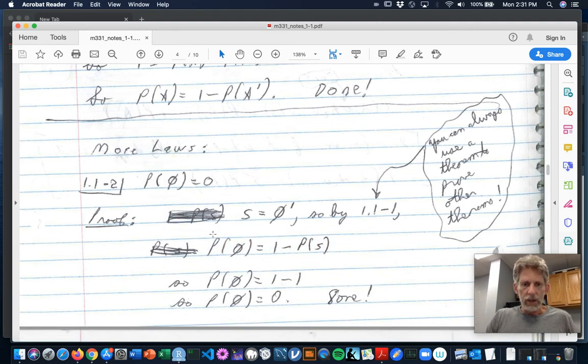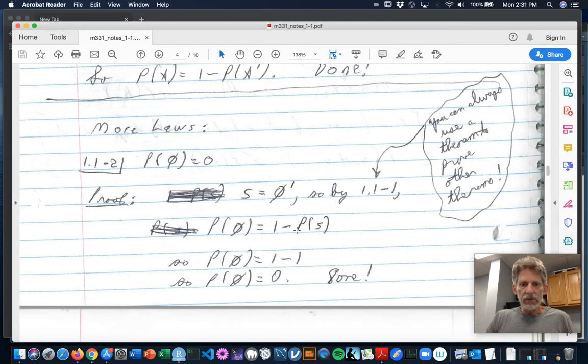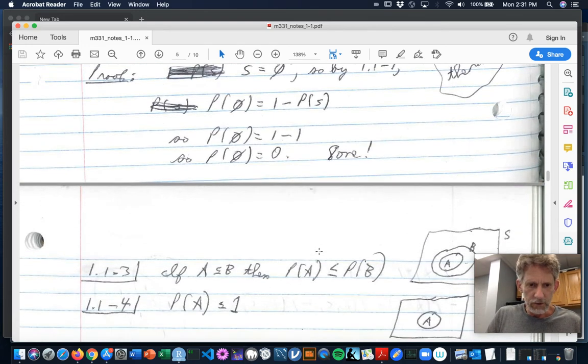Okay, so probability of the empty set is 1 minus probability of S. But the probability of S is 1 by part 2 of the definition of probability. So the probability of the empty set is 1 minus 1. Therefore, the probability of the empty set is 0. Kabam, kabam, kabam. The invincibility of logic brings us step by step to our conclusion. Wonderful.